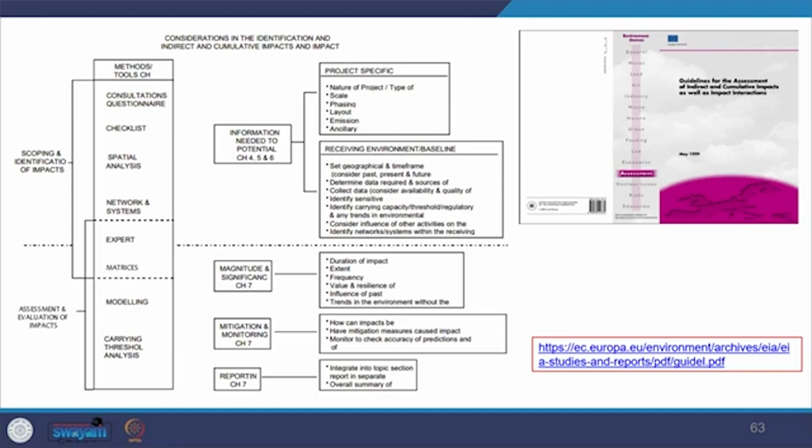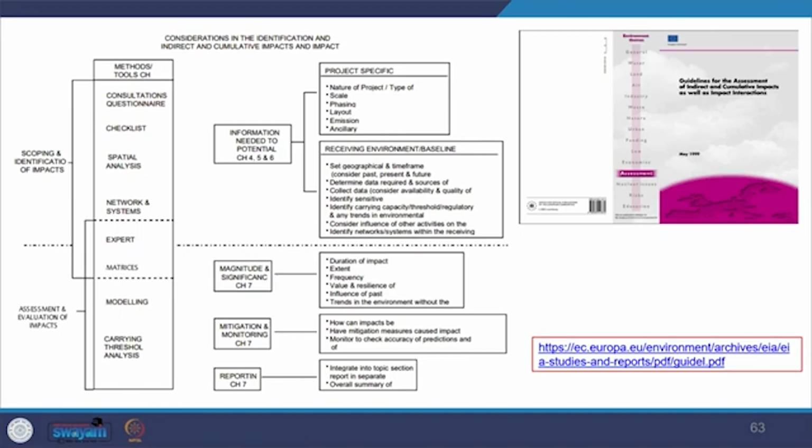What is unique here is: set the geographical and time frame, determine the data required, collect data, identify sensitive areas, identify carrying capacity. So carrying capacity becomes one key element here. Consider the influence of other activities, and identify networks and systems within the receiving environment. So you undertake that within the scoping.